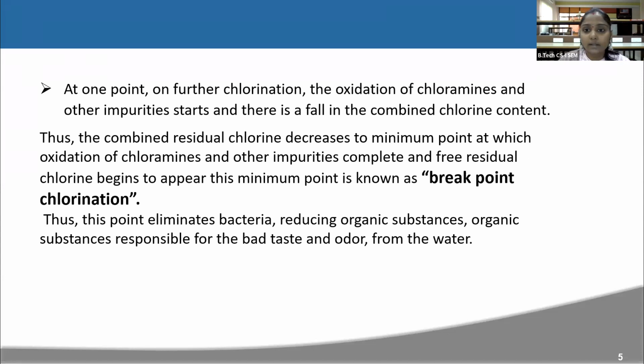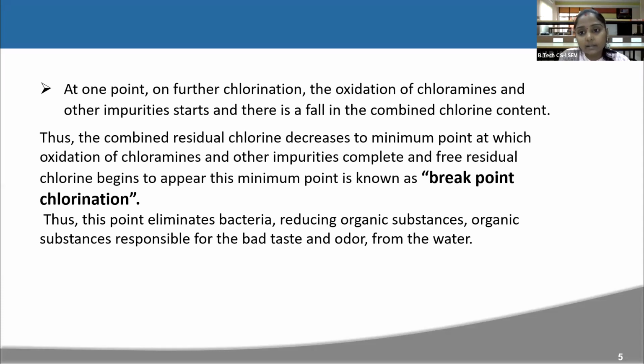There is a minimum point at which oxidation of chloramines and other impurities is complete and free residual chlorine begins to appear. This minimum point is known as the breakpoint of chlorination.